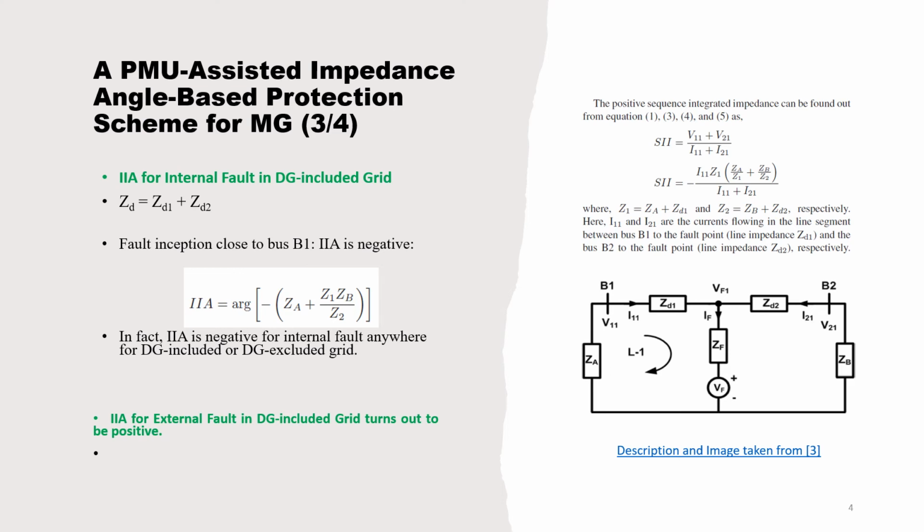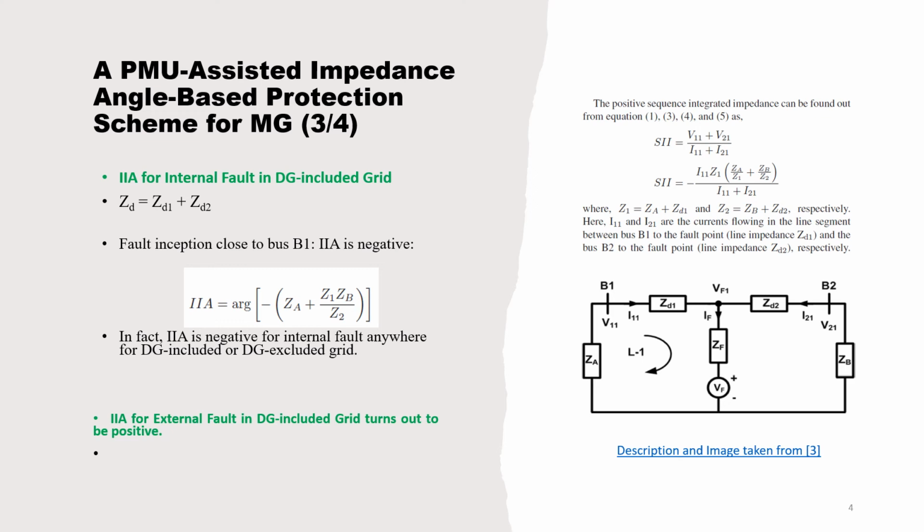Going to the right hand side, SII is this voltage to current ratio, and we can see some simplification. Based on SII we can also find the IIA, the integrated impedance angle, which is the argument of negative of (Z plus Z1 plus ZB) over Z2. What does this basically mean?